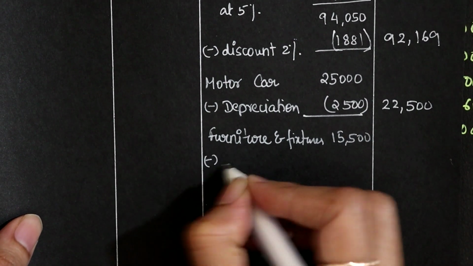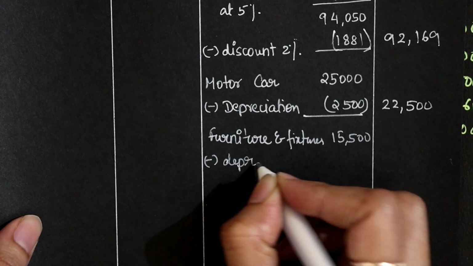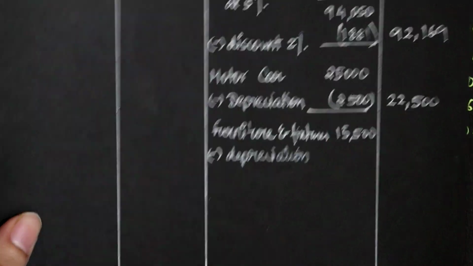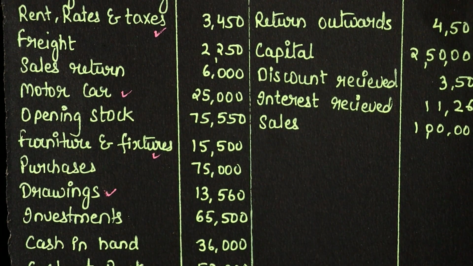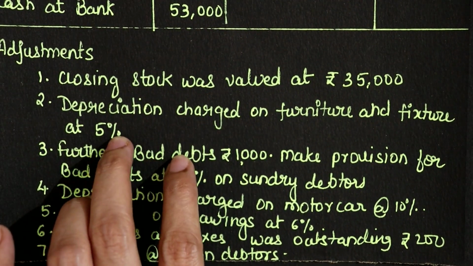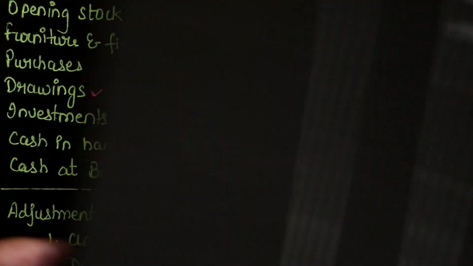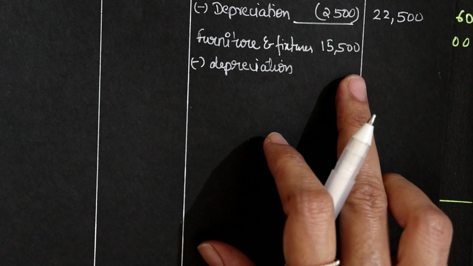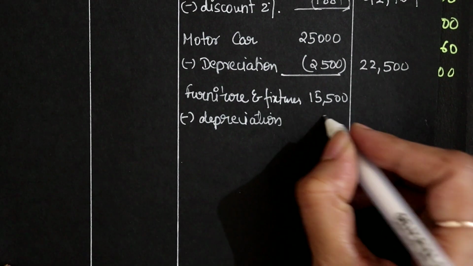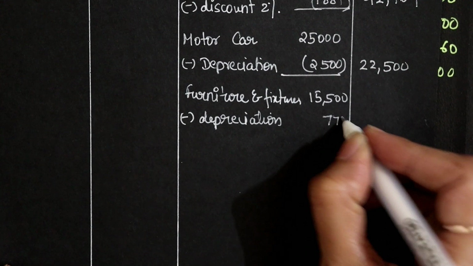On this we will reduce depreciation at 5%. So 5% of 15,500 comes to 775.